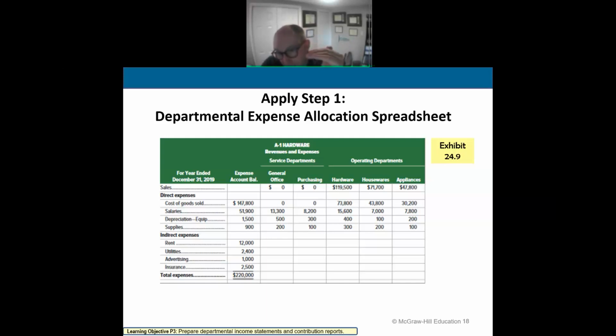So at my operating departments for Macy's, I got the jewelry department, the clothing departments, housewares, appliances, etc. This goes on and on. I have sales for each department. I have cost of goods sold for each department. Salaries, depreciation, supplies. Those are all my direct expenses. So I allocated my sales and direct expenses for all my departments.